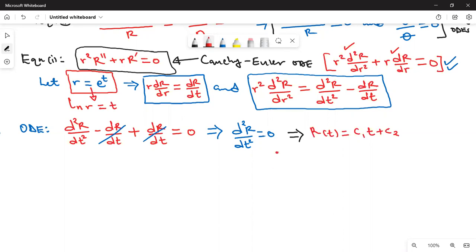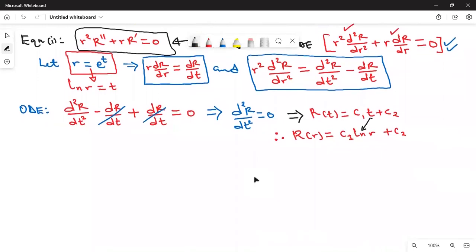Therefore, R now as a function of the small r will be equal to C1 times ln r, then plus C2. I have replaced t by ln r. So that's our solution for the first equation.